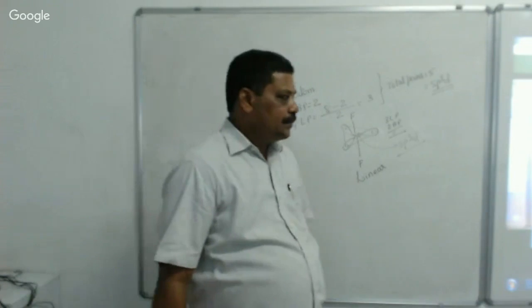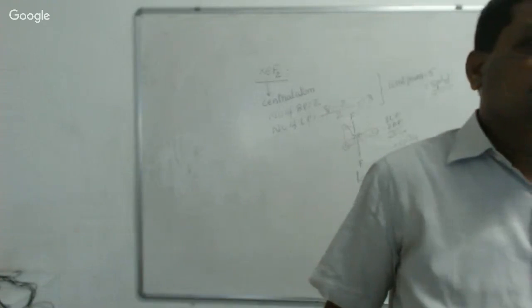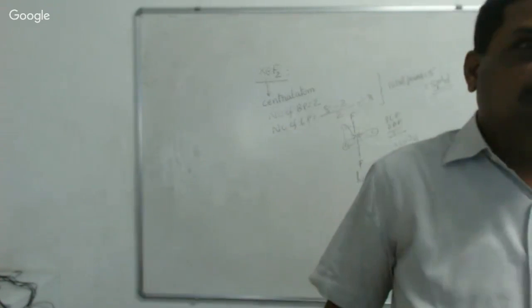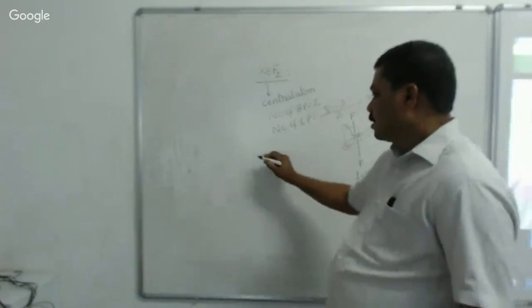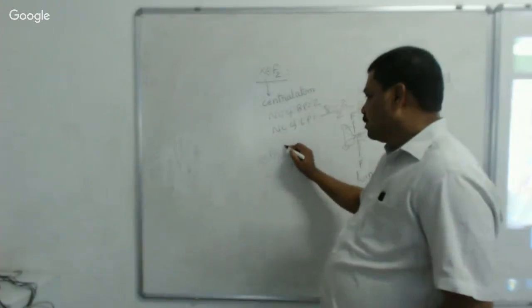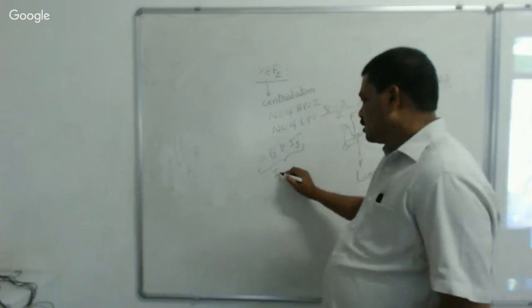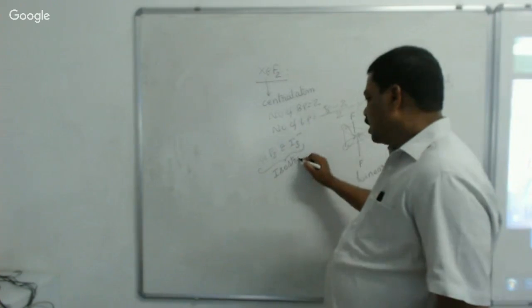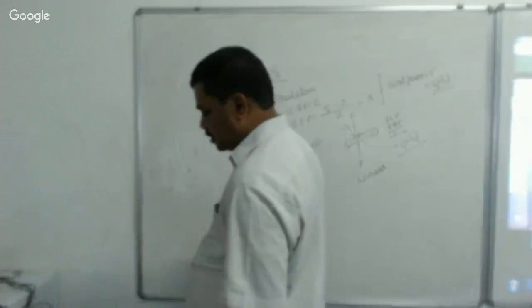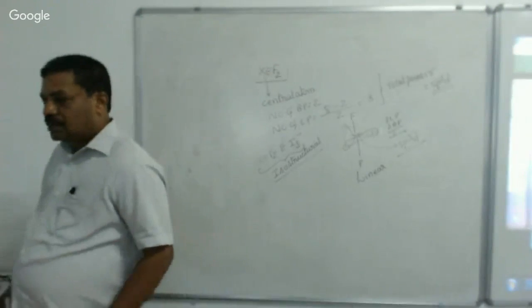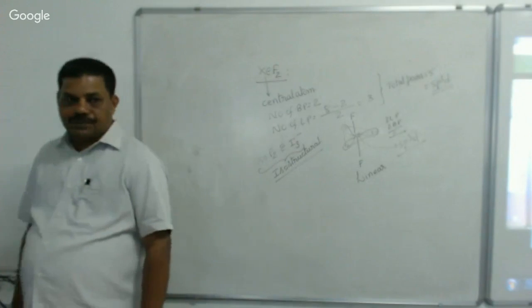Now, can I say XeF2 and I3 minus are isostructural?